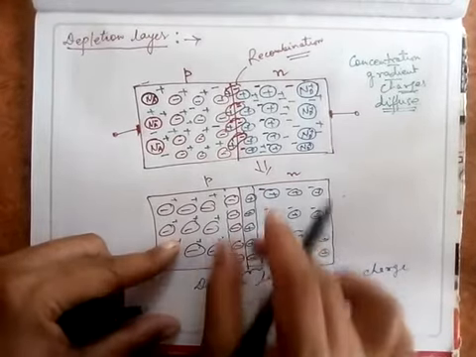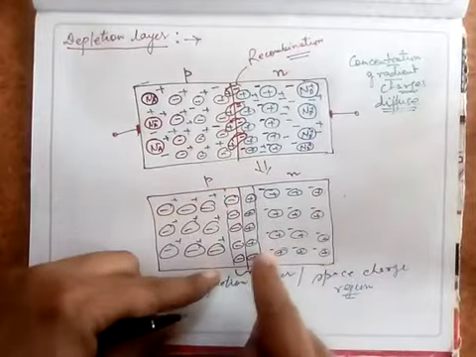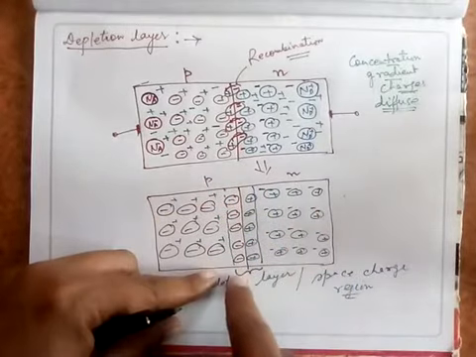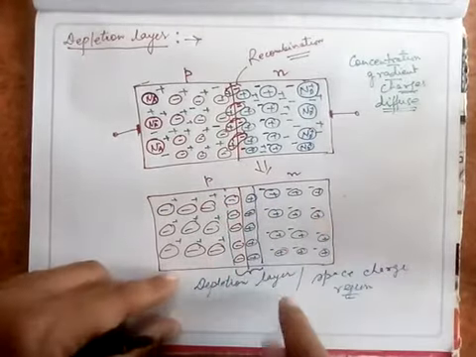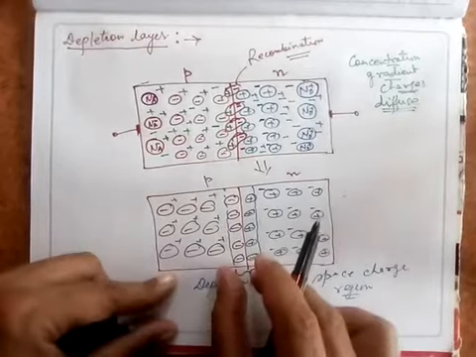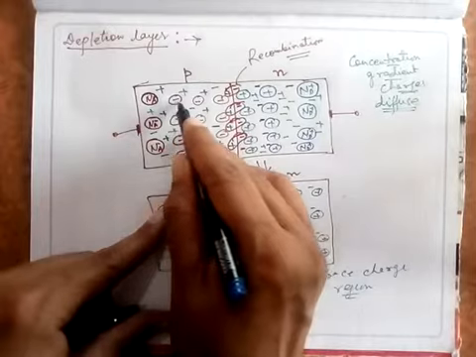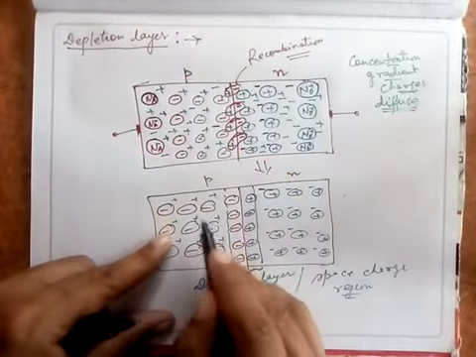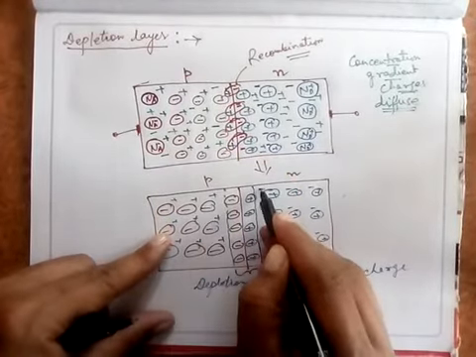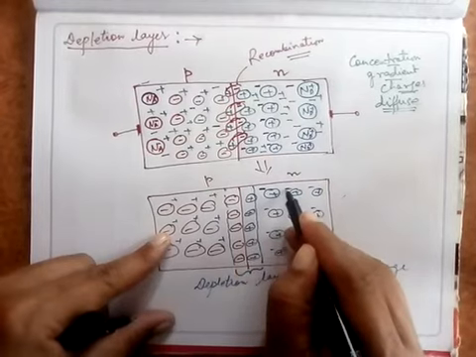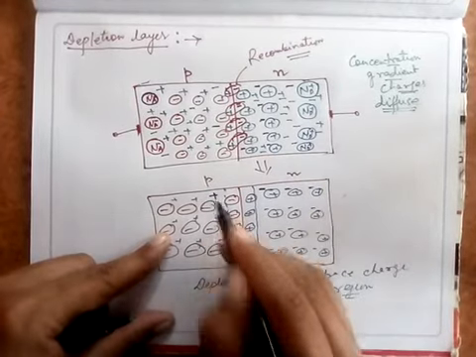Depletion means this region has depleted the charge carriers from here; deplete means to finish off. So it has depleted the movable charge carriers. Remember that these are immovable, heavy ions. The current is constituted only because of electrons or holes.